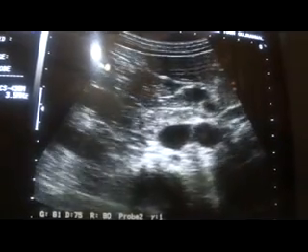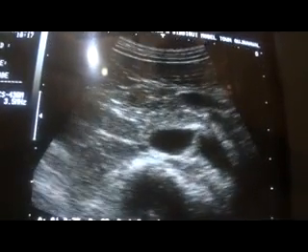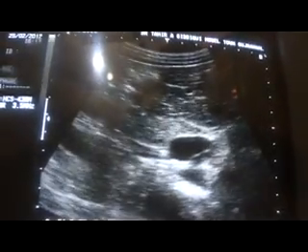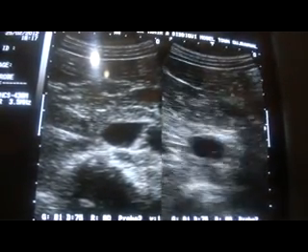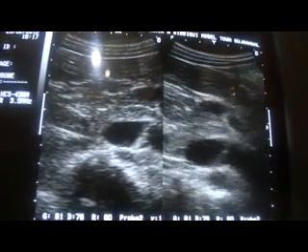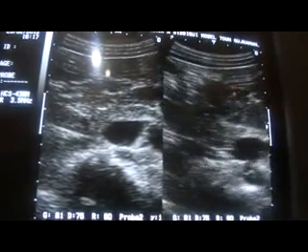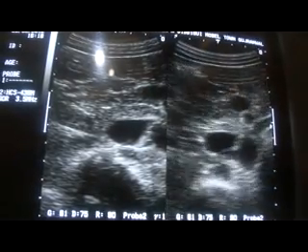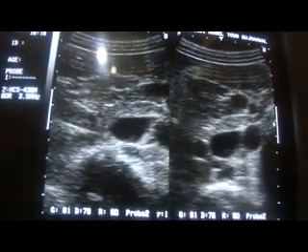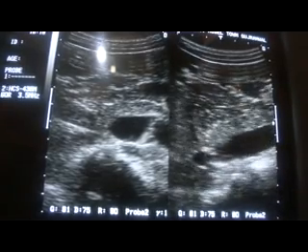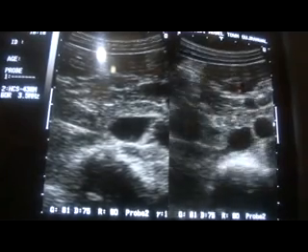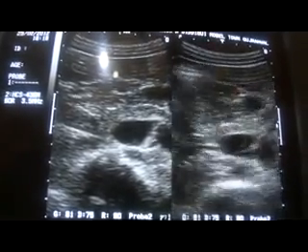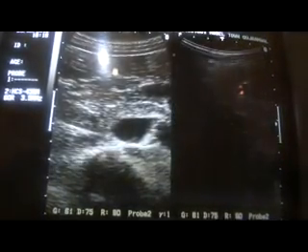Now, this is the pancreas. Because of the pressure from the mass, it is elevated, and we are not getting the vascular anatomy as we should, because of the pressure from this mass over here.